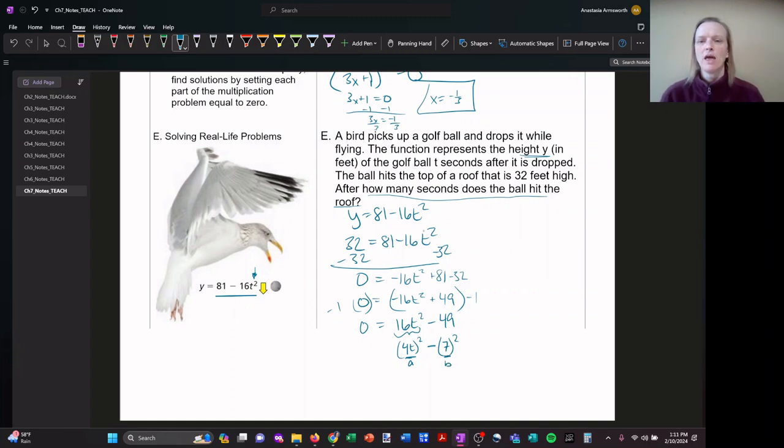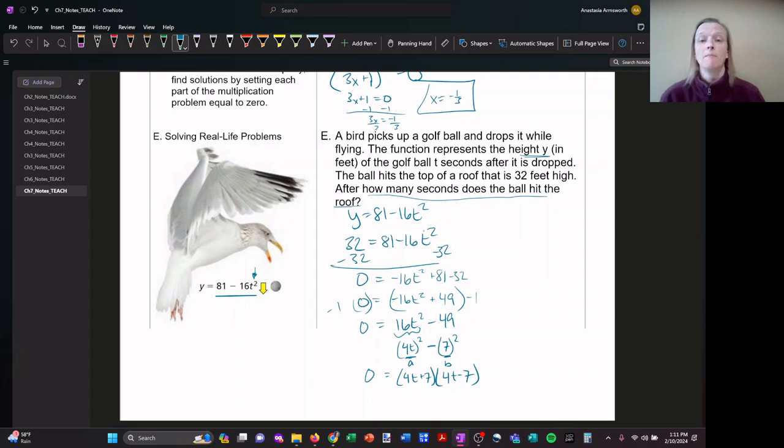So if I have A squared minus B squared, that follows the difference of two squares pattern. And the difference of two squares pattern says that I factor by doing A plus B times A minus B. So 4t plus 7 times 4t minus 7. And this is all equal to 0.